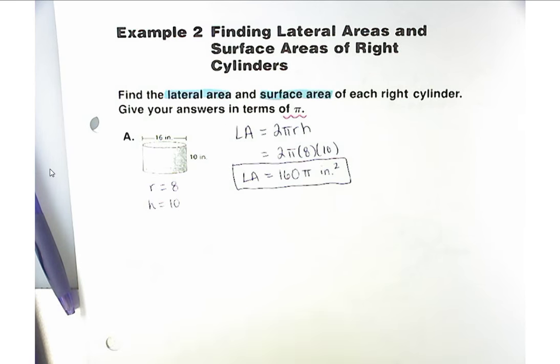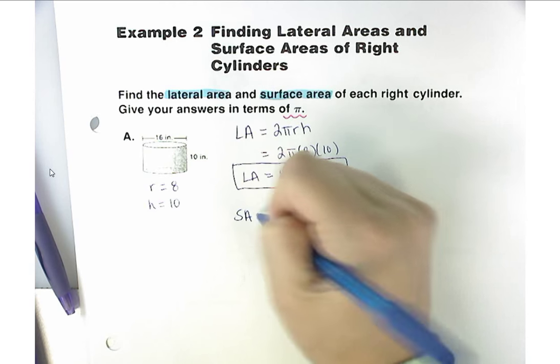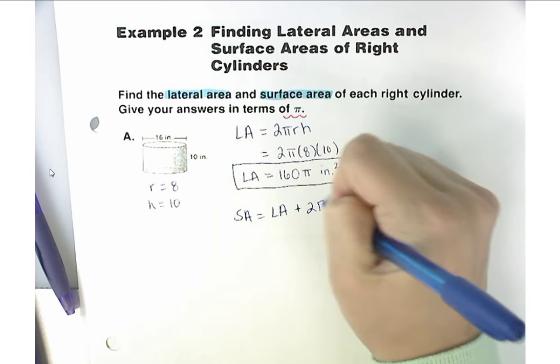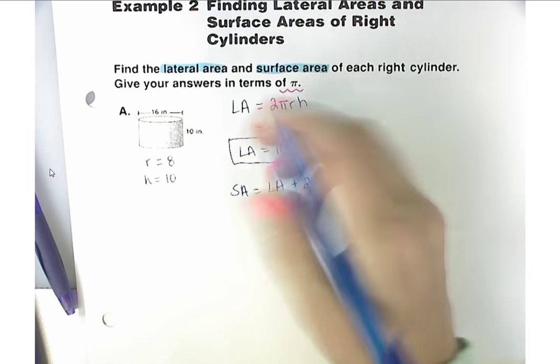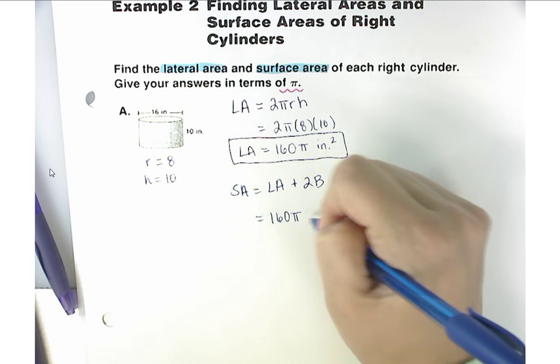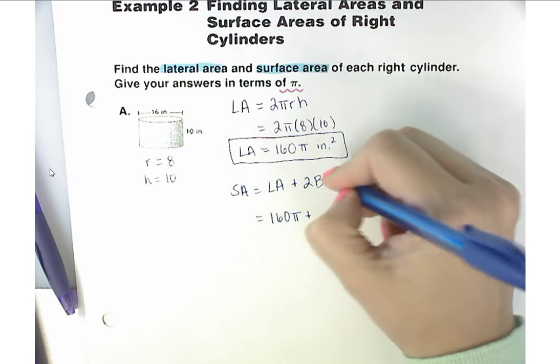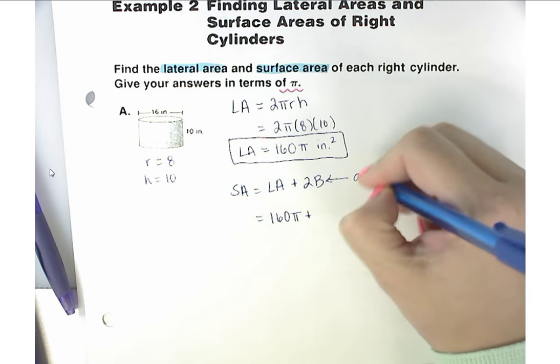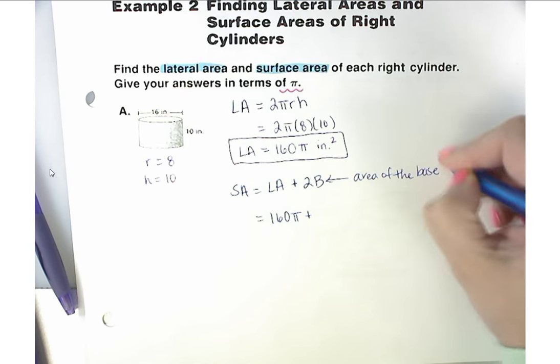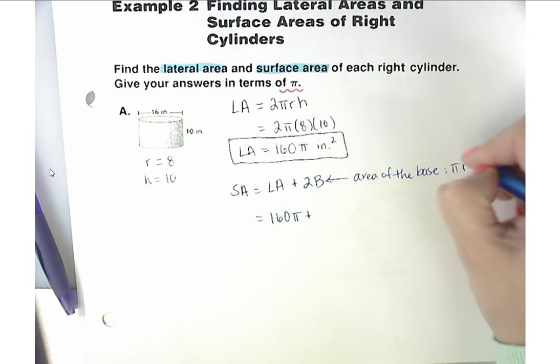Okay, and then we're going to do the surface area. So remember, the surface area is the lateral area plus 2 times the area of the base. So we already have our lateral area is 160 pi. So our area of the base, since it's a circle, it's pi r squared.